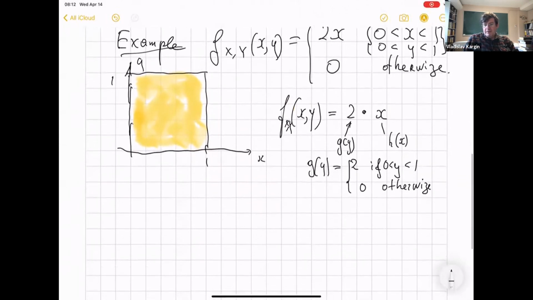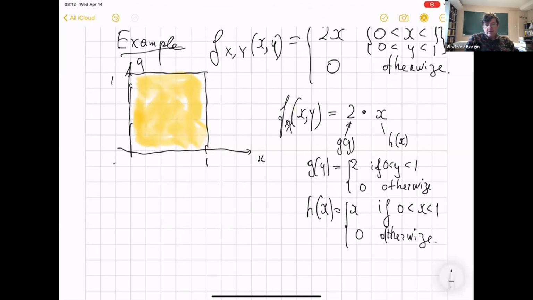And this h of x is equal to x if 0 is smaller than x, smaller than 1, and 0 otherwise. So this is a plot of this. This is our h of x. Maybe I should draw it immediately under this. So h of x would be something like this.